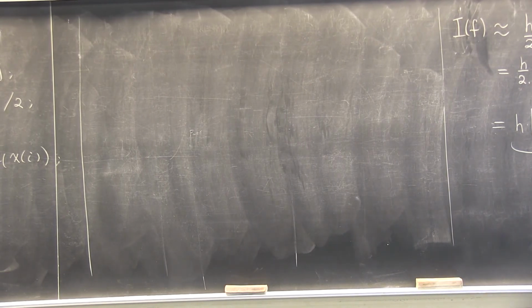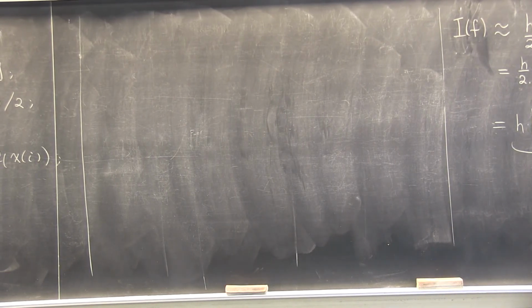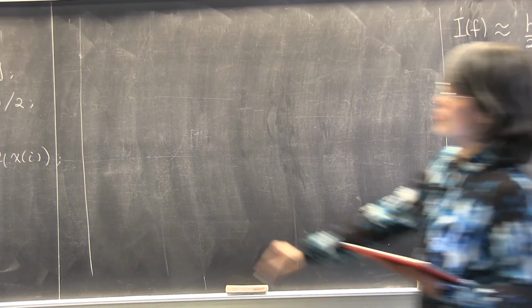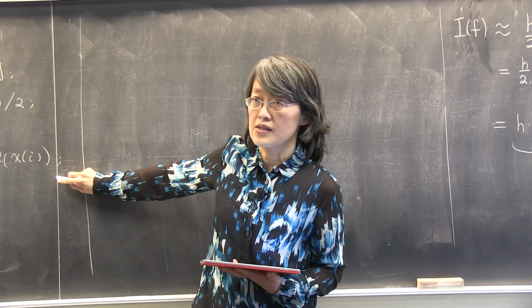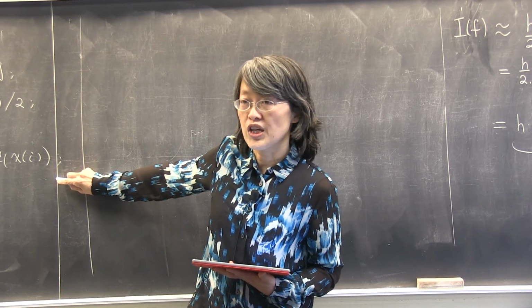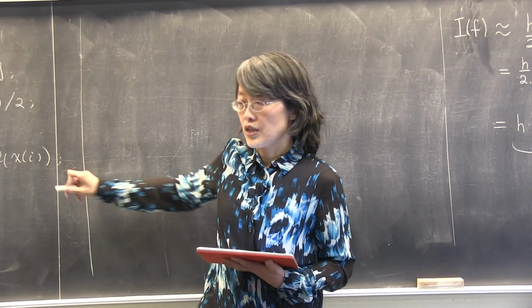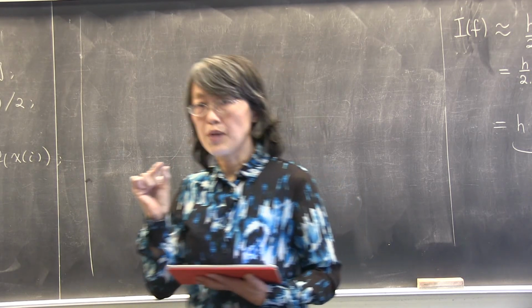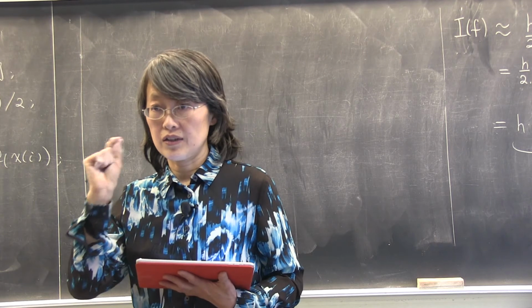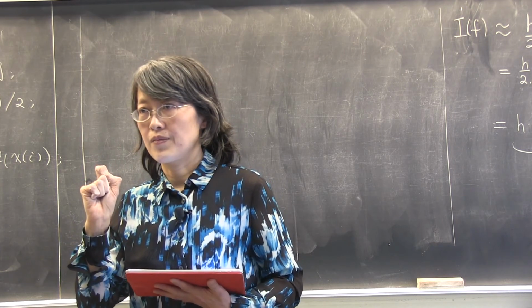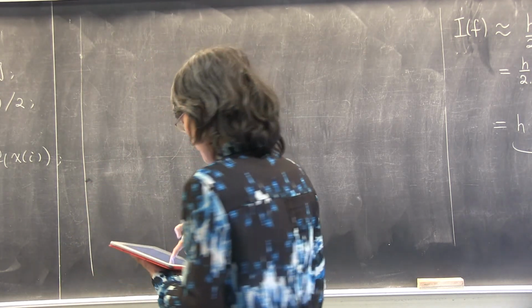I want to say that this summation here, we chose to do a for loop. We don't have to. A for loop is slow. You can call a function in MATLAB called sum. It will add up all the elements in a vector and return the sum. Calling that will be much faster.